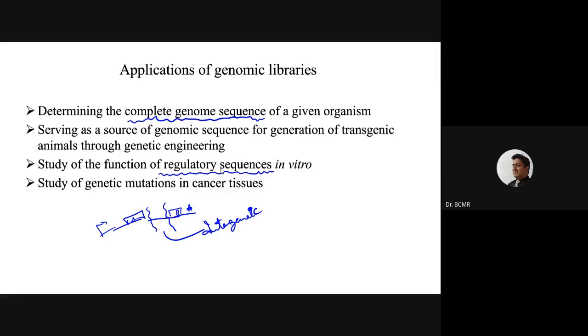So if it weren't for people constructing genomic libraries and trying to determine the complete genome sequence, the importance of the intergenic region would not have been known. Only through genomic libraries did we come to know of their existence in the first place. The majority of these techniques are from before the advent of next-gen sequencing.